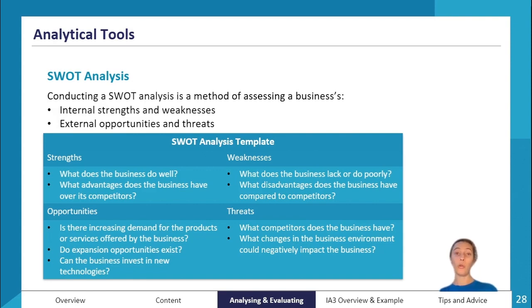So maybe a new law has been brought in and that could negatively impact the business. Maybe a new technology has been released and that could negatively impact the business if it doesn't take advantage of it, or perhaps a technology can take away jobs and that may impact a business, for example.